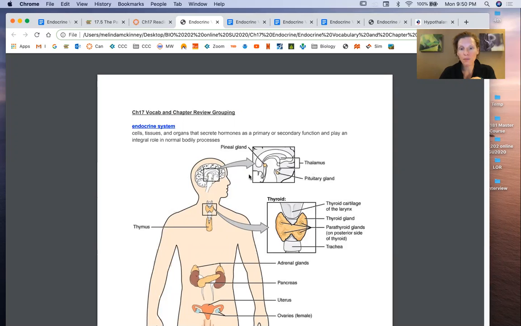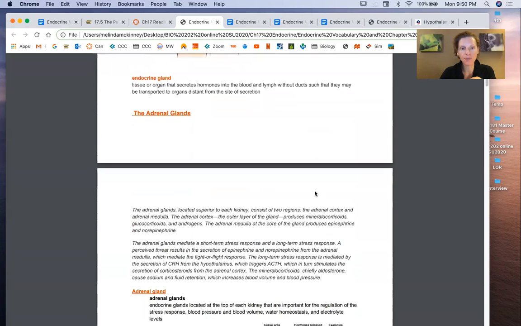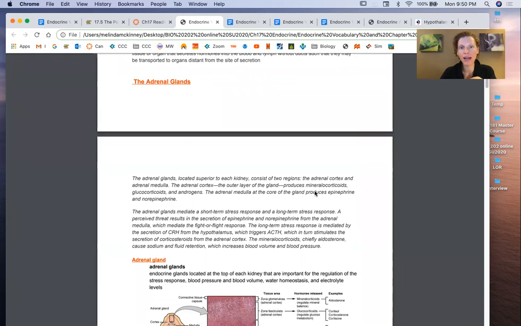So we'll go through the glands as we go through the document. The first one, the adrenal glands, those are probably the most commonly known ones. They're sitting on top of our kidneys, and they produce epinephrine, or also known as adrenaline. So really involved in the fight or flight response.